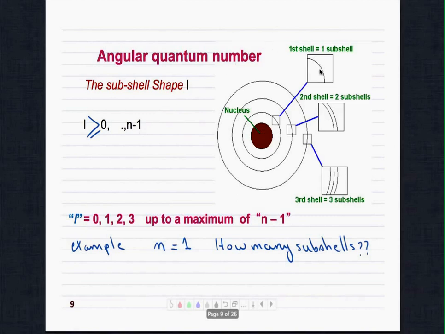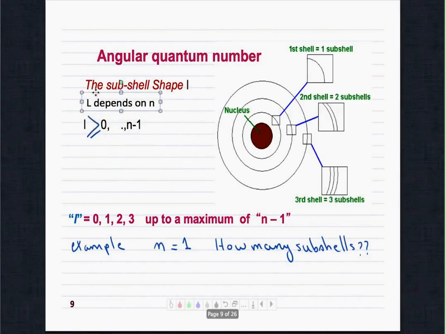So l can be 0 or above, and it ranges from 0 to n minus 1. That means l depends on which shell we are in.